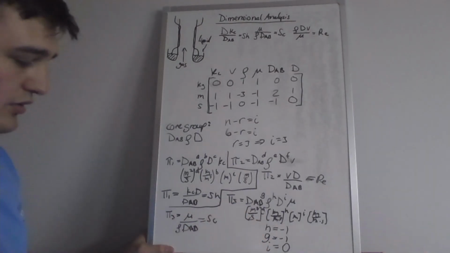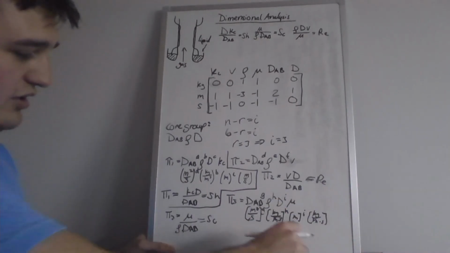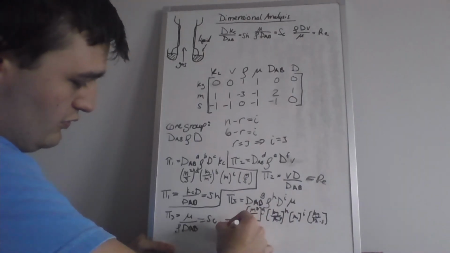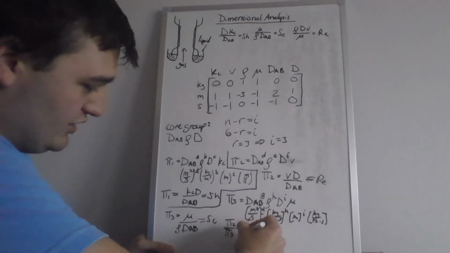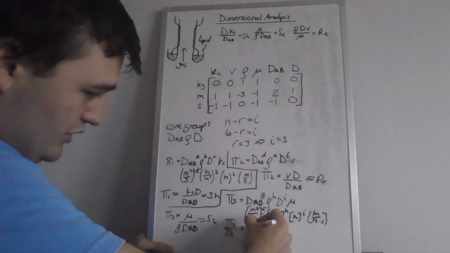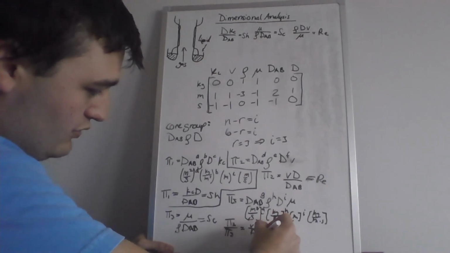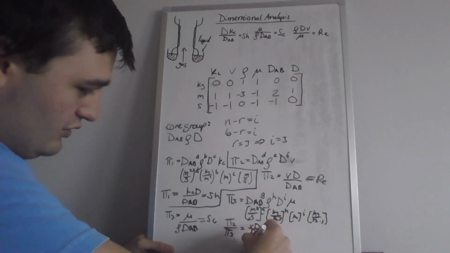Once again, not a big enough whiteboard. Pi 2 over pi 3, which is the Peclet number over the Schmidt number, we get the velocity, characteristic length, diffusivity over the viscosity, density, once again, diffusivity.